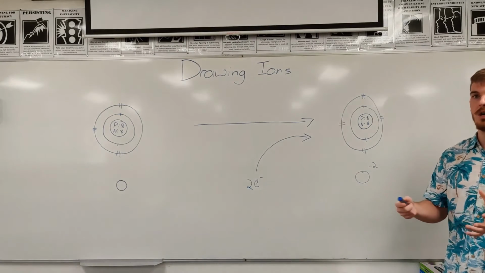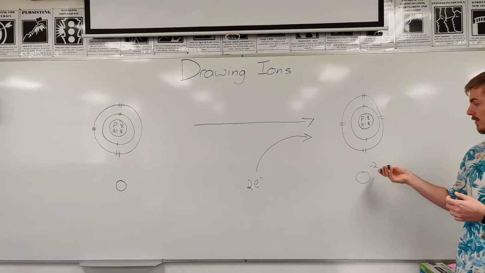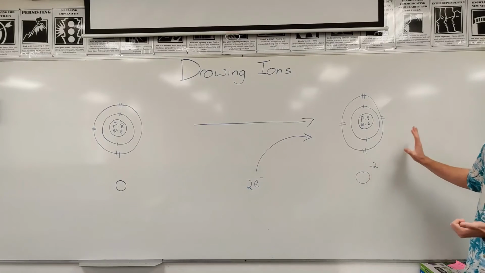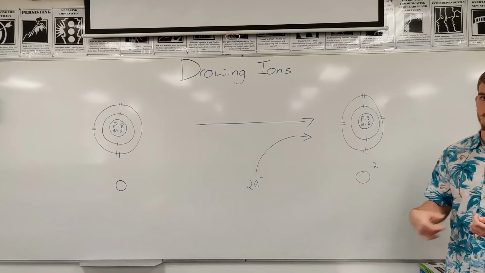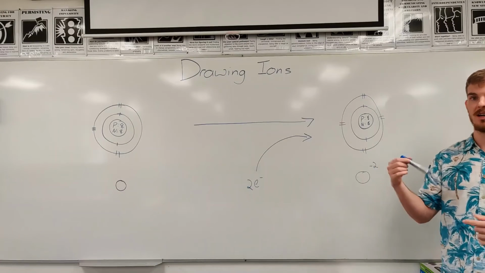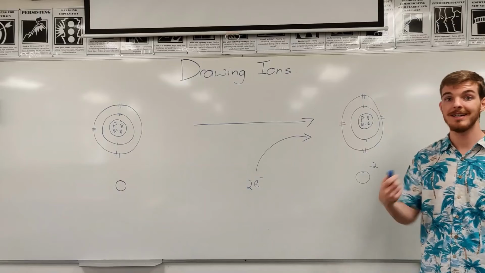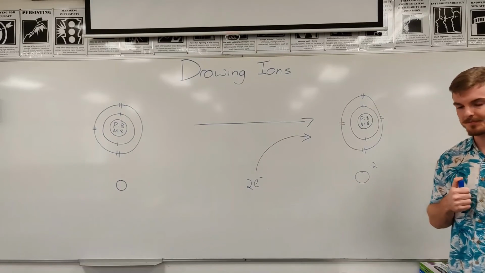You've added 2 extra, which means you have 2 more negative things, which means it is now a negative 2 charge. So you know when there's oxygen, it has a negative 2 charge. If you either look at your periodic table or watch that other video with the periodic table drawing here, you would have seen that oxygen does indeed have a negative 2 charge, and everything else in that row.